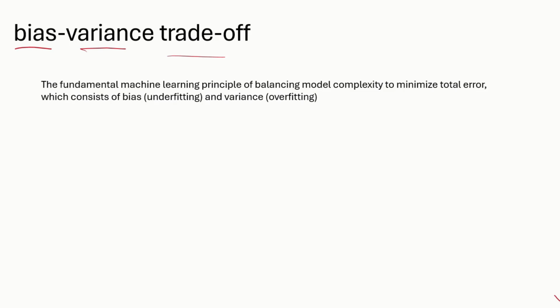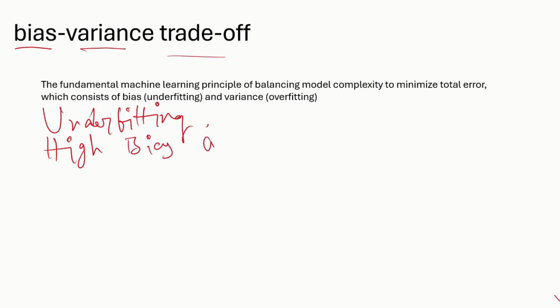So I'm going to explain what is underfitting. Underfitting is nothing but high bias and low variance. So here you can see high bias and low variance, and we have another one which is overfitting.